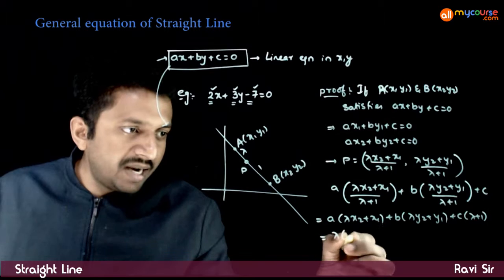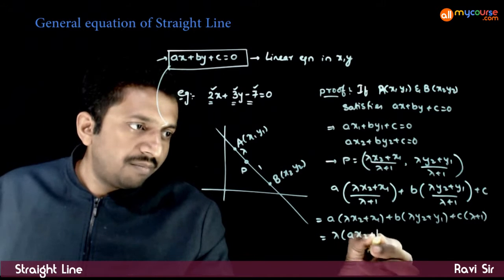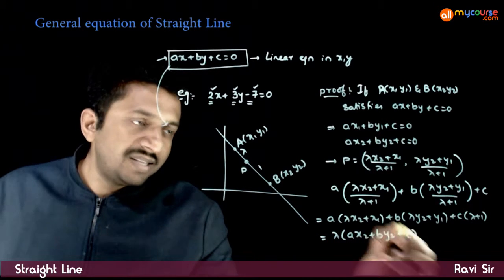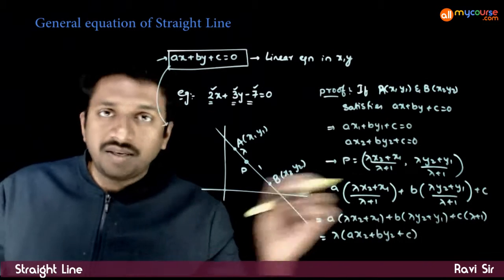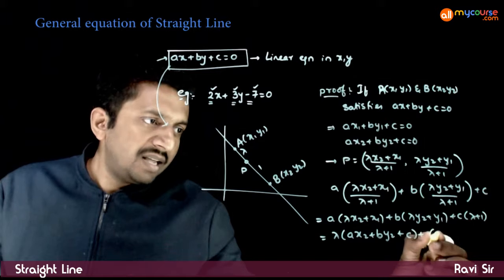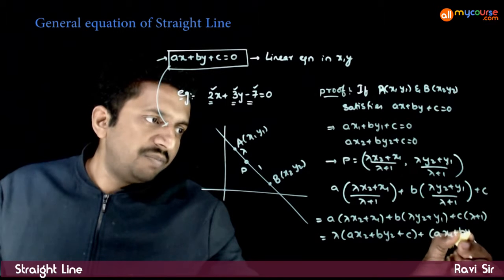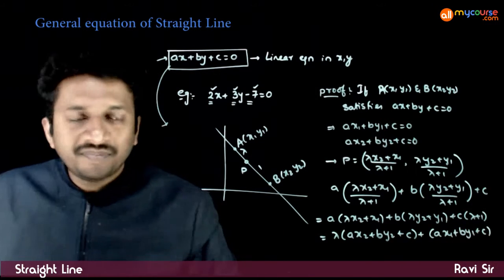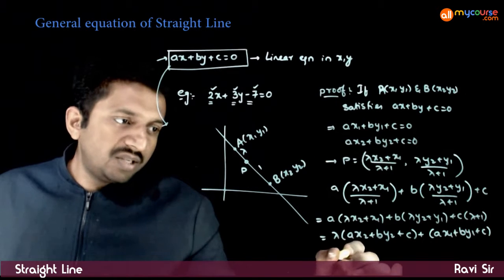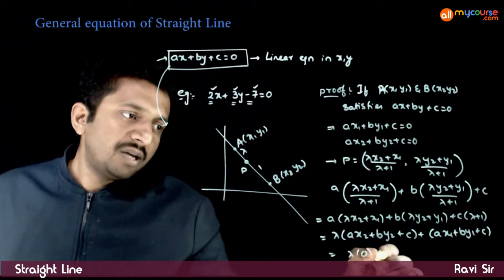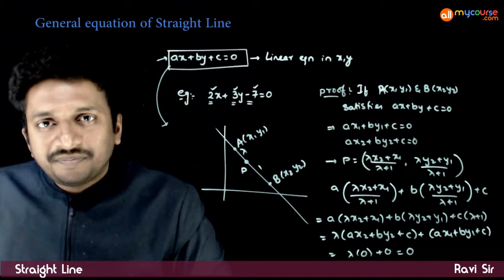That is equal to lambda times (ax2 plus by2 plus c) plus (ax1 plus by1 plus c). From the initial hypothesis, these two are equal to 0. So lambda times 0 plus 0 is equal to 0.